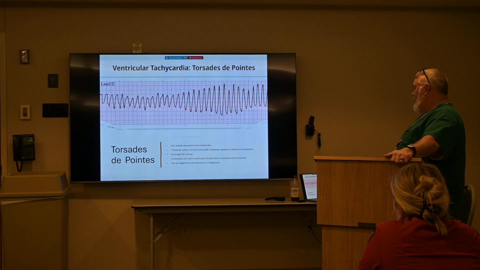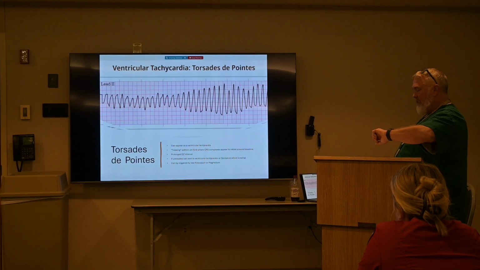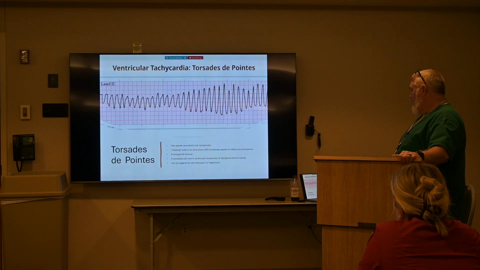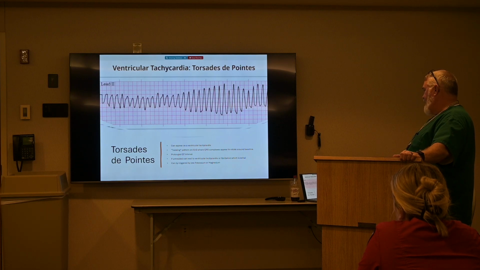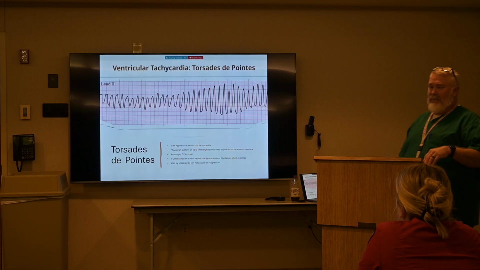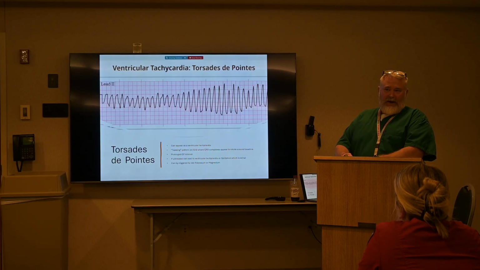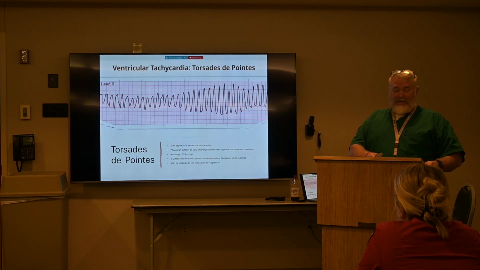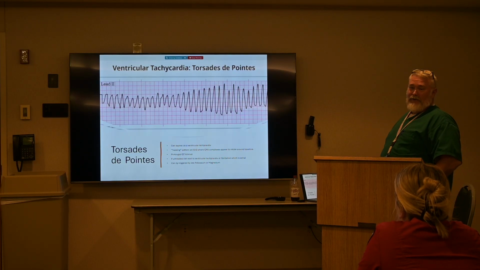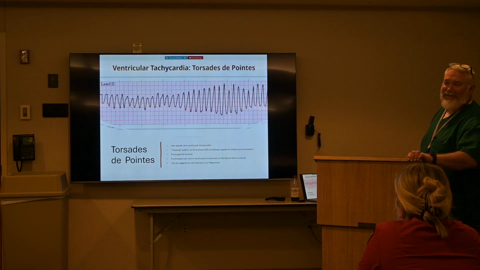The twisting pattern on the ECG where the QRS complexes appear to rotate around baseline. Prolonged QT interval, if untreated, can lead to VTAC or VFib, which is lethal, and can be triggered by low potassium or magnesium. However, typically with torsades, we see it with a low magnesium. So when we see magnesium levels of like 1 or 1.2, that always makes me a little nervous. I always wonder what their heart's thinking.